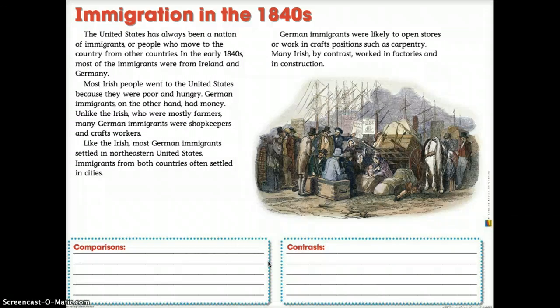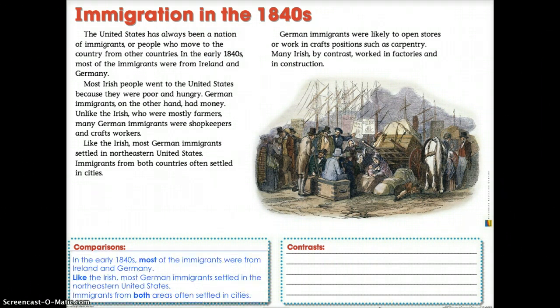All right, fifth graders, hopefully you have paused the video. You have now restarted the video, and this section here is complete, as is this section here. Now let's see what the book says that we should probably notice with immigration in the 1840s. For comparisons, we have a few here. In the early 1840s, most of the immigrants were from Ireland and Germany. That's taken from right here.